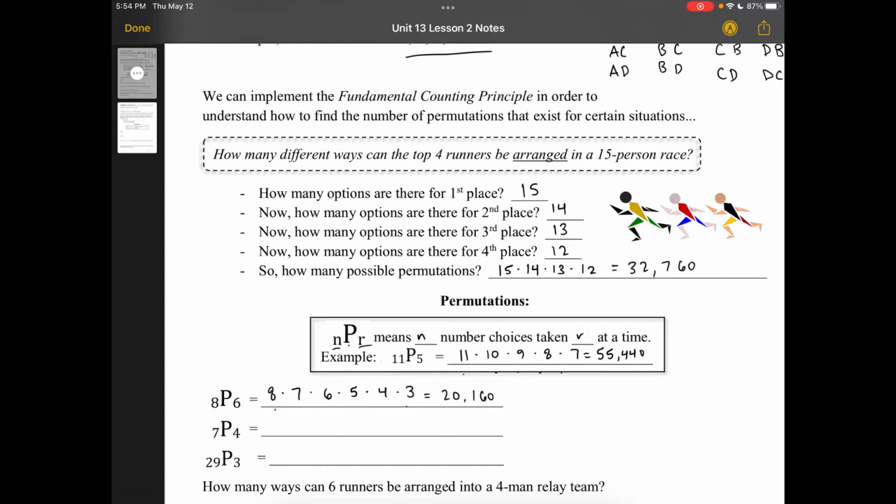Now, I would like you to try the next two and see if you can get the answer. Pause the video and unpause it when you have it so you can check yourself. Okay, so 7 choose 4 would be 7 times 6 times 5 times 4, which would give us 840.